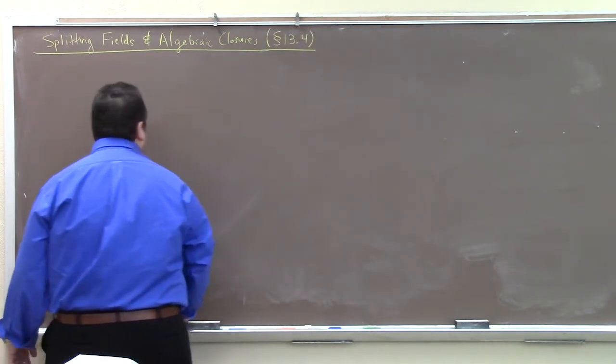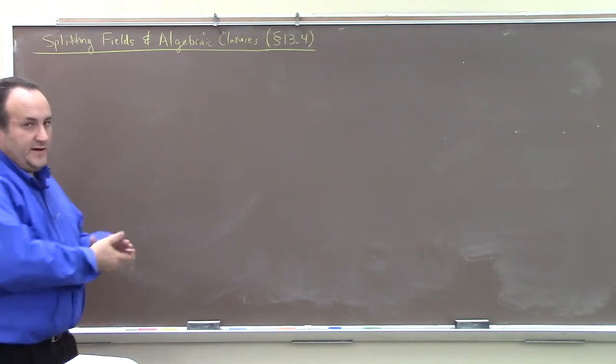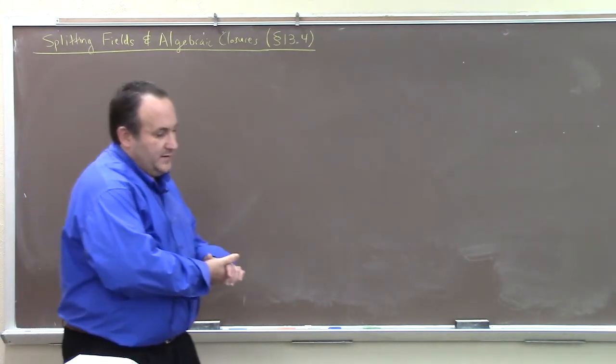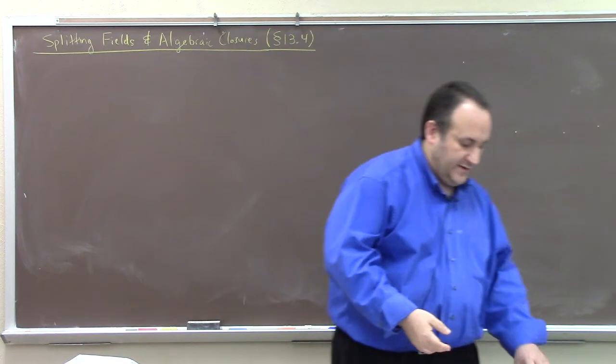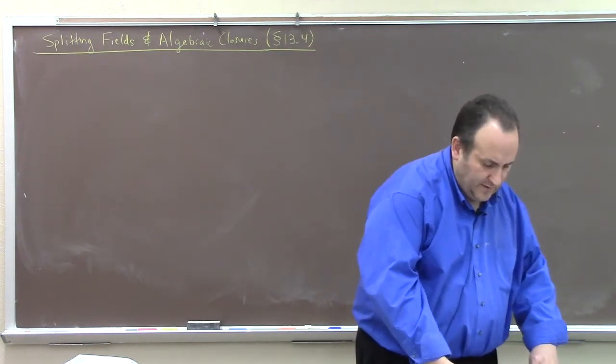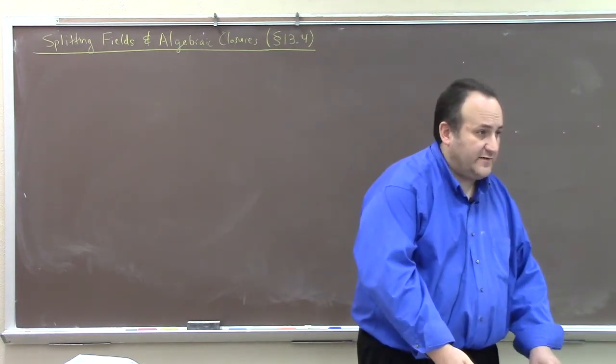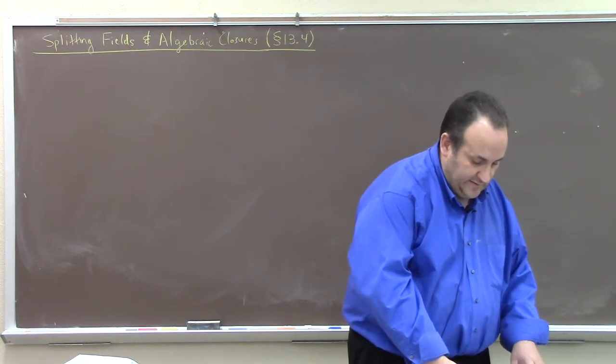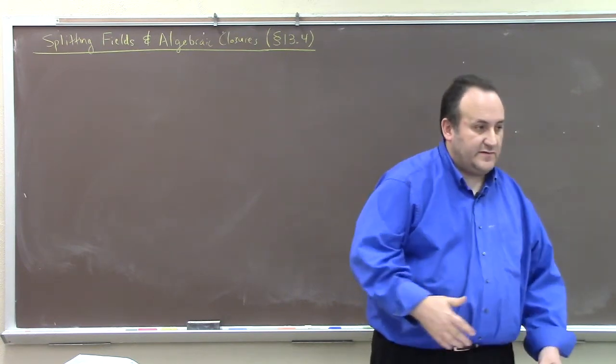I've tried not to write too much, I'll just try to talk. In section 13.3 of Dummit and Foote, what do they cover? They cover classical geometric constructions, classical straight edge and compass constructions.